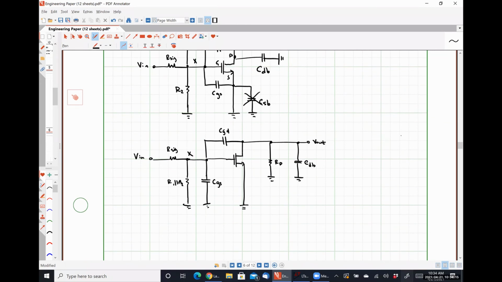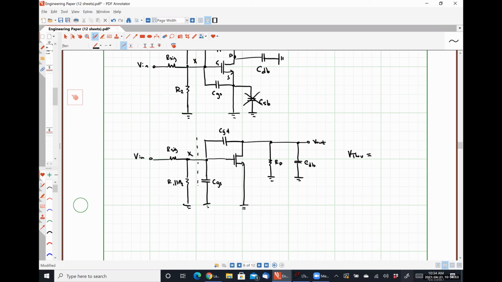So I could replace this with a Thevenin equivalent voltage that is going to be what? Just by inspection here. So I'm going to apply V Thevenin at node X, which is the gate terminal of my transistor. So if I disconnect everything to the right of this dashed line, what's my open circuit voltage going to be?